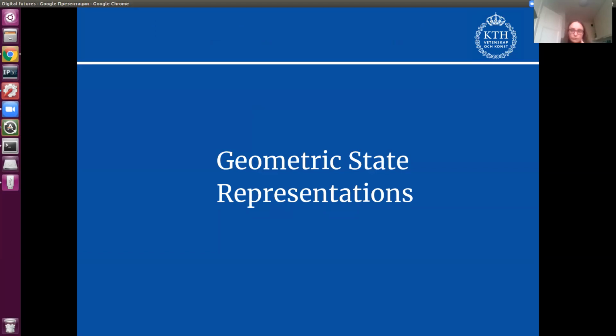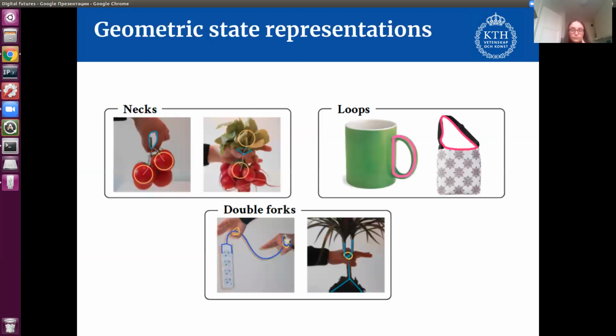In the last part of my talk, I will talk a little bit about an example of how this problem can be approached from the geometric point of view. If we talk about manipulating complex objects that have some deformability and are being manipulated in 3D, we can think of certain shape features that can help us represent the necessary information about the configuration of an object.